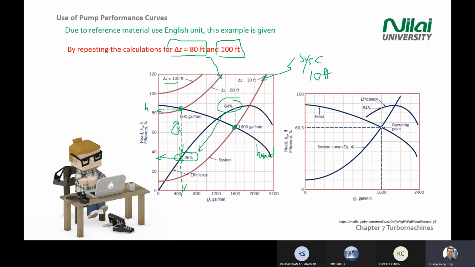Cool, you are able to see what happens if you increase the height between two points? The 10 feet that you plotted just now, and the one that is 80 feet by this red line. Can you see the drop in efficiency? Just now you got 84%. Now you get 36%. Do you see the value?